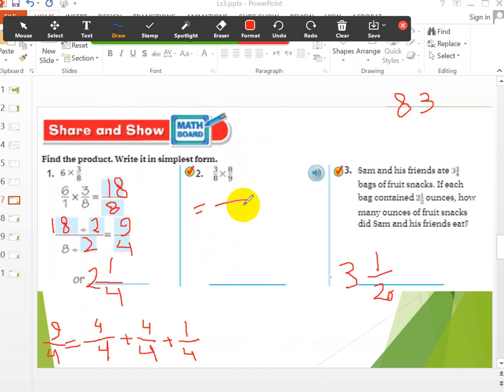Thank you, Tolin. 24. Now, 8 multiply 9 equals what? Yes, equals 72. Thank you, girls. Equals 72. That's right.